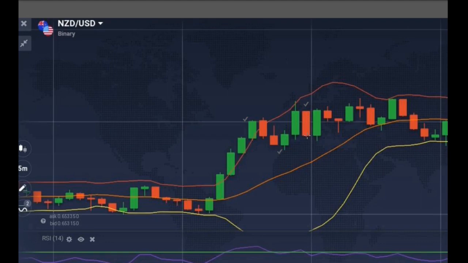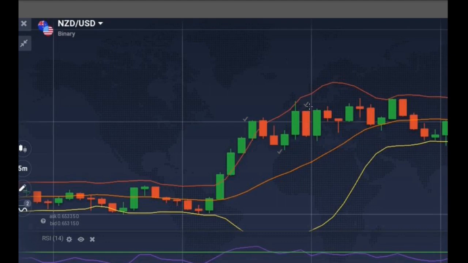Never trade immediately after the confirmation candle. Always wait for a cutback to the upper body of the confirmation candle.